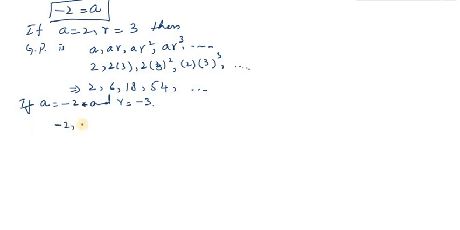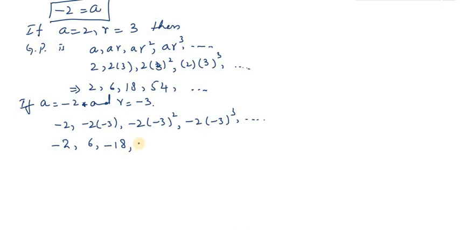A is minus 2, R is minus 3, minus 2 into minus 3 the whole square, minus 2 into minus 3 the whole cube, and so on. So we get here the geometric progression minus 2, 6, minus 18, 54, and so on. This is the required geometric progression.